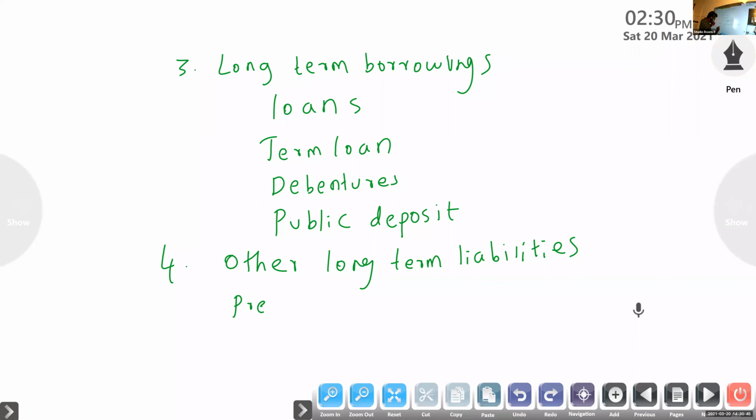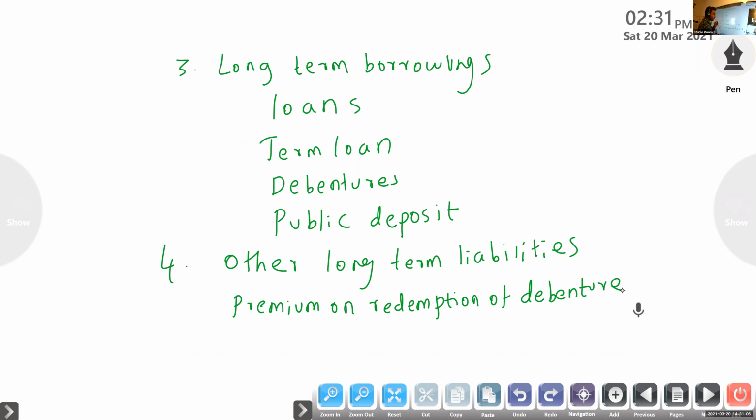Only two items. Premium on redemption of debenture. For each head, you leave one or two item spaces. If any items come, then we can write them. Premium on redemption of debenture.